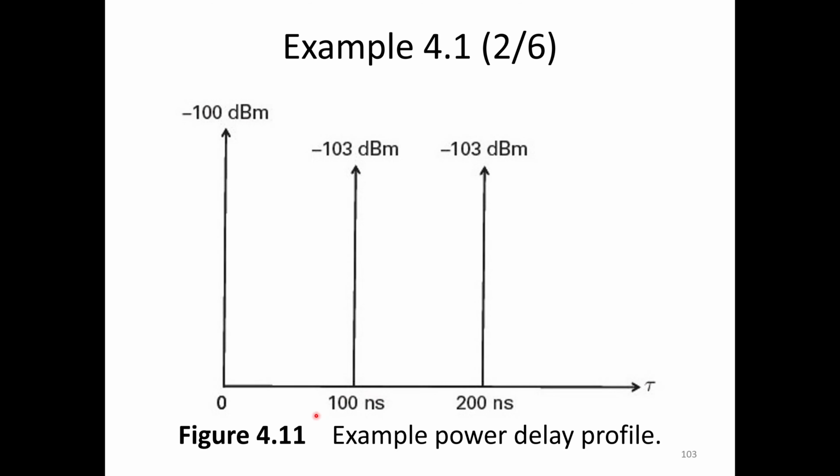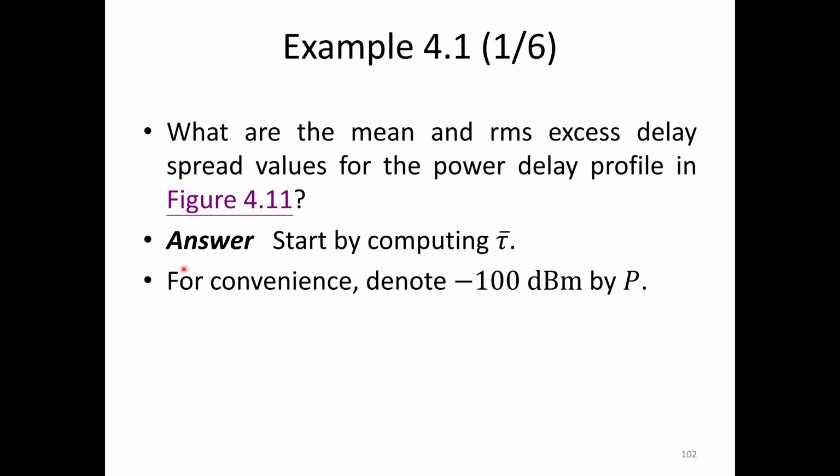When tau is equal to 100 nanosecond, there is the second impulse, and the amplitude is negative 103 dBm. When tau is equal to 200 nanosecond, there is the third impulse, and its amplitude is also negative 103 dBm.